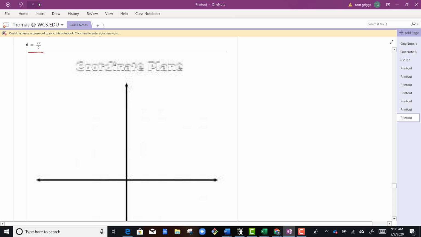So that means the angle that's coterminal to 7 pi over 6, we'll call it x. The absolute value of that angle has to add together to give us 360 degrees, or in this case, 2 pi.